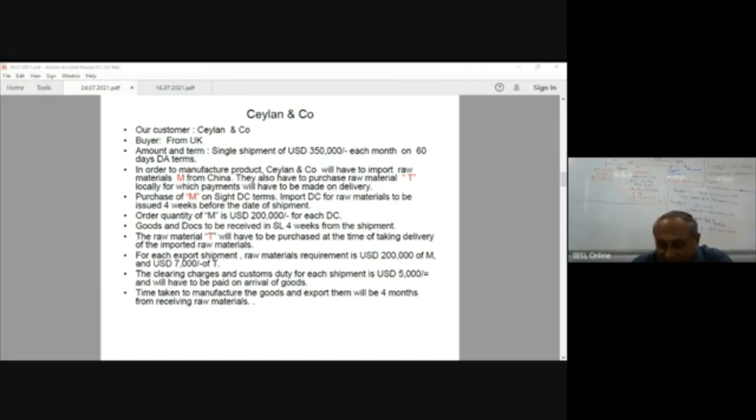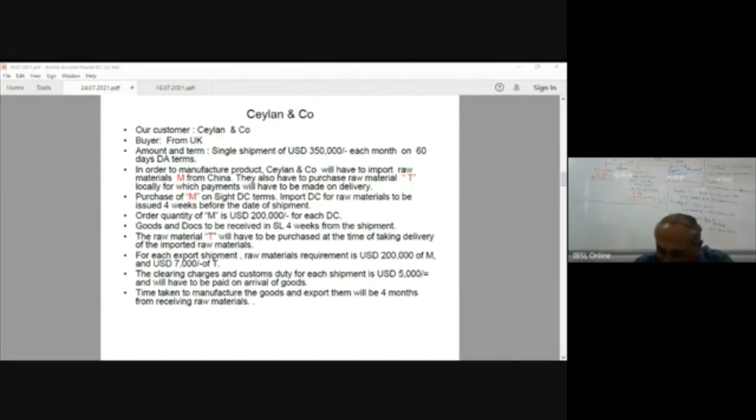If the sales contract says sight bill, then they'll get the money immediately. If the sales contract says 60 days DA, then it will be after 60 days. Those things the bank can't change. It is the customer's prerogative; the customer tells the bank this is the requirement.